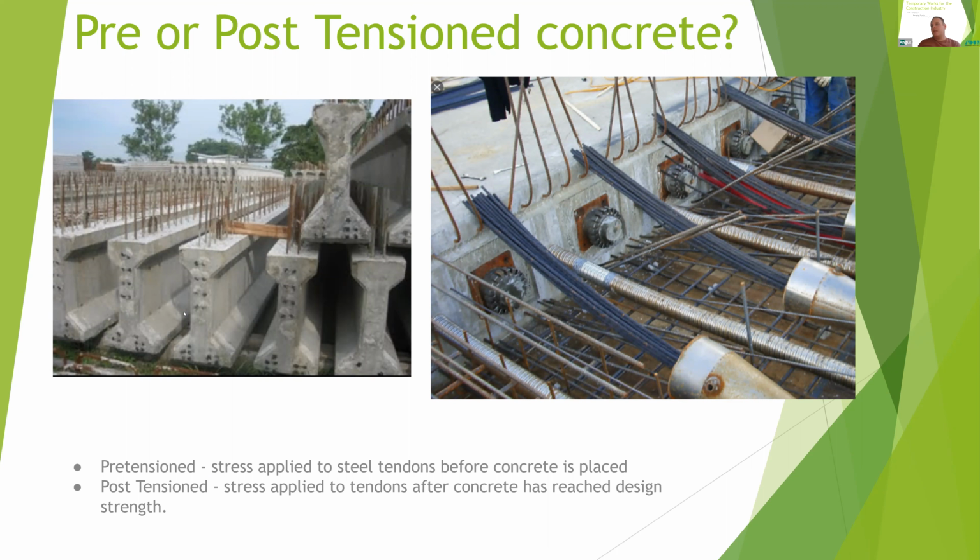And then you release the tension in the tendons, which is then locked into the concrete beam. With post-tension structures, you form your concrete structure with the tendons laid inside them. Once the concrete has reached design strength, you then apply a tension load onto these tendons and lock the stresses into the structure. So this one's pre, this one's post. That is the key difference.